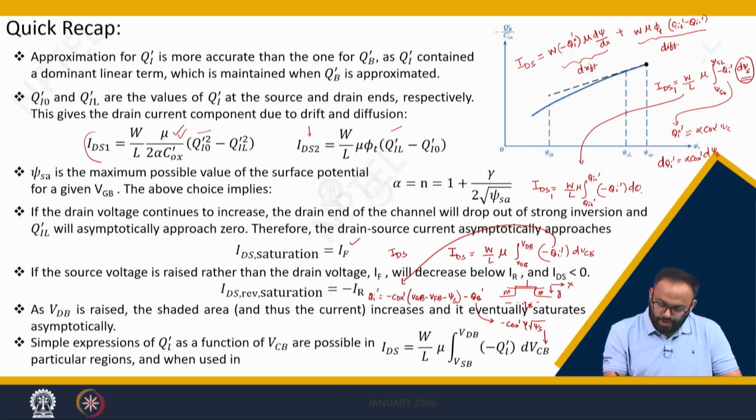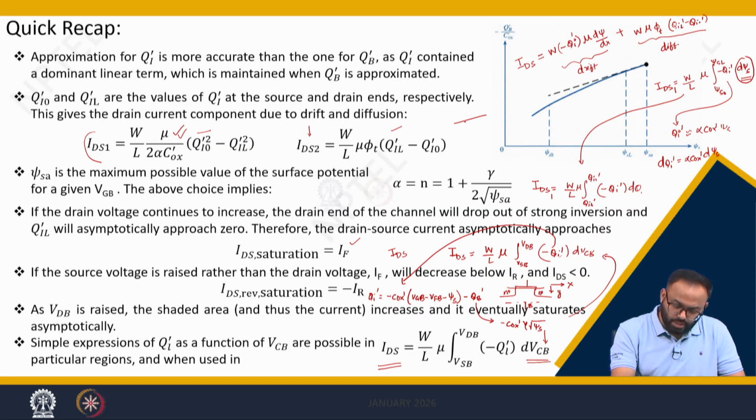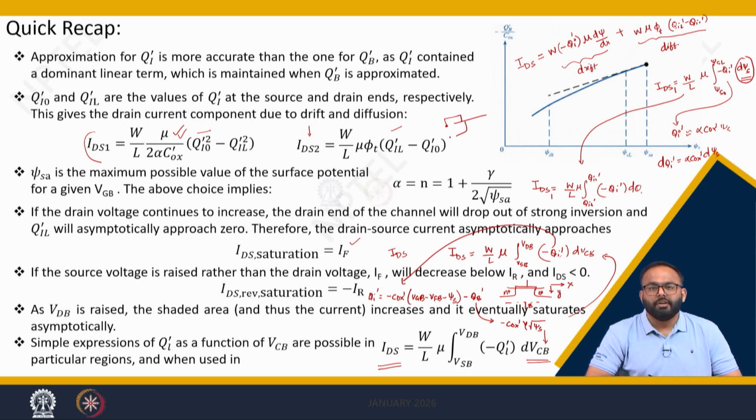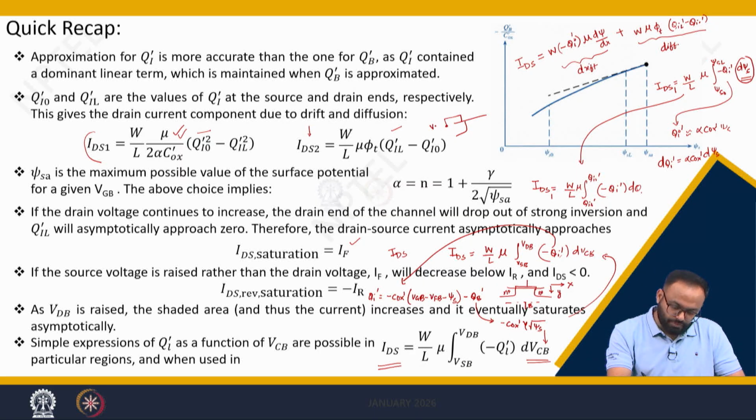Keeping all those values in this equation, we can represent the drain current in terms of V CB, where in a 3-terminal MOS the third terminal is defined as C. However, when we talk about the MOSFET, we do have two types of V CB. One is at source, so we are calling it V SB, and one is at drain, we are calling it V DB.